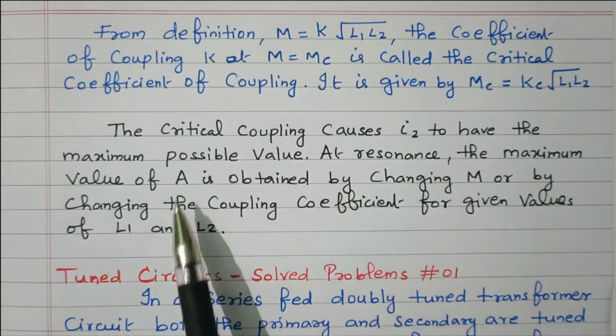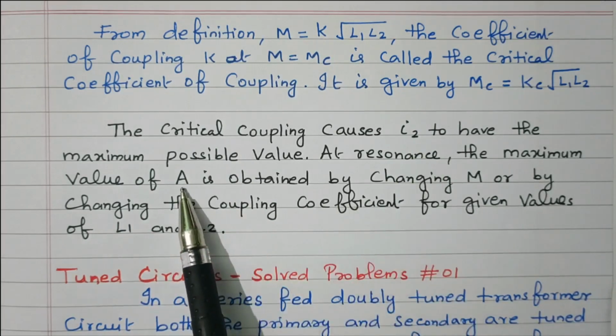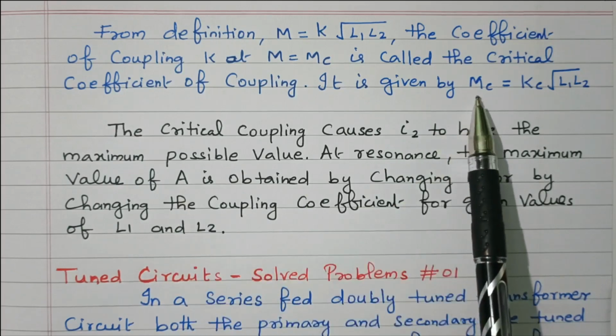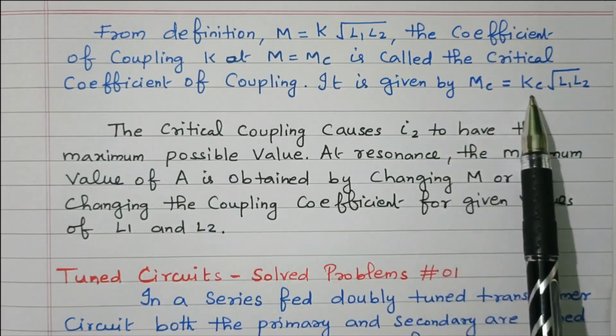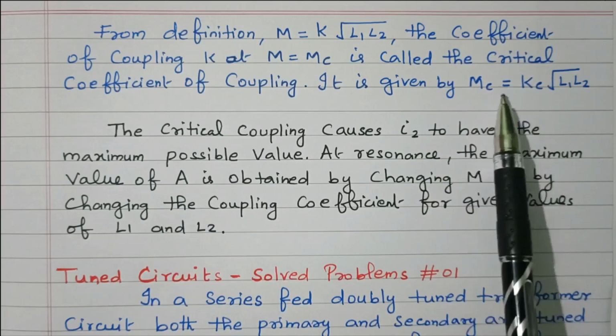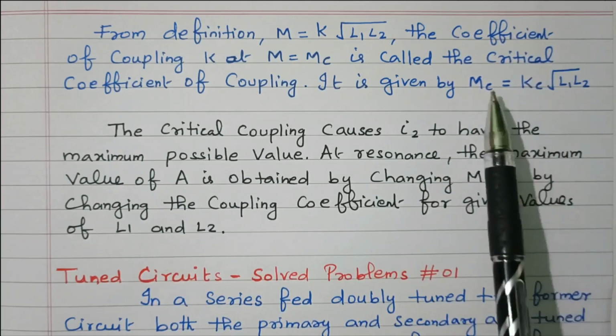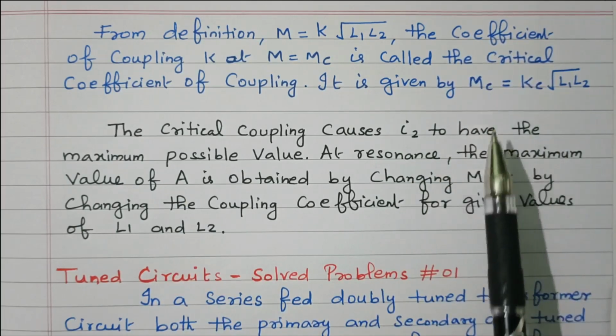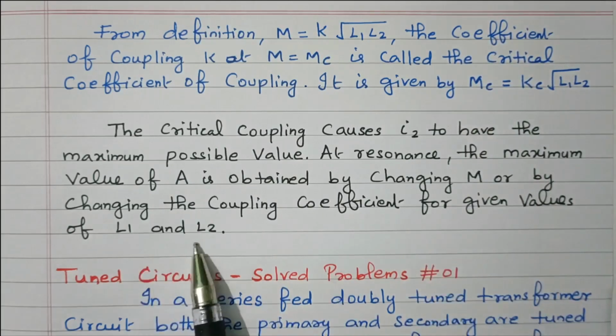Similarly, for the amplification factor, we can change M by MC and also K by Kc. Both are related. So by changing the coupling coefficient, the mutual inductance will also change, right, for given values of L1 and L2. So in this video, I discussed the double tuned coupled circuit, with the capacitor connected in the primary side as well as the secondary side. We started with the mesh equation. We got the expression for I2.